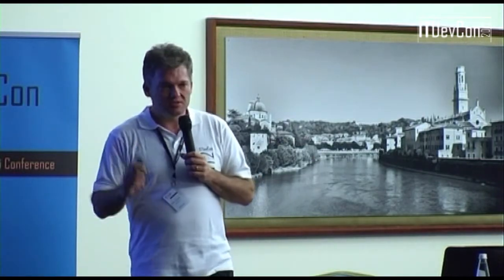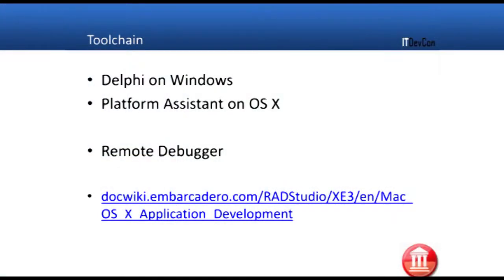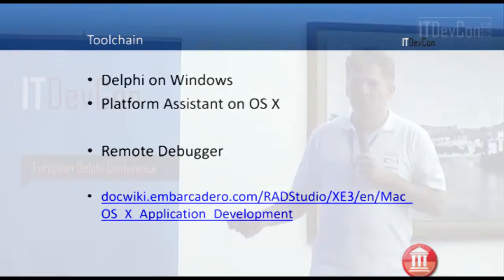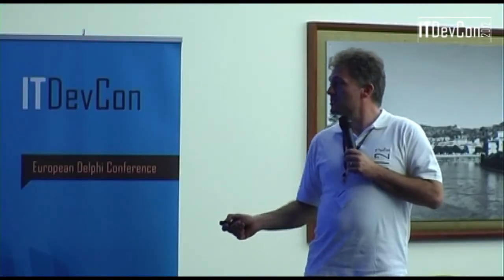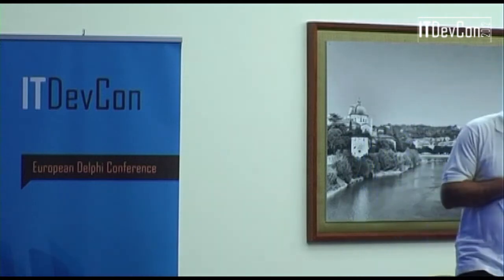It can also be used for remote debugging on Windows. This link will give you the basics about setting up the Platform Assistant and other stuff. This is the doc wiki I was speaking about. Very good resource.